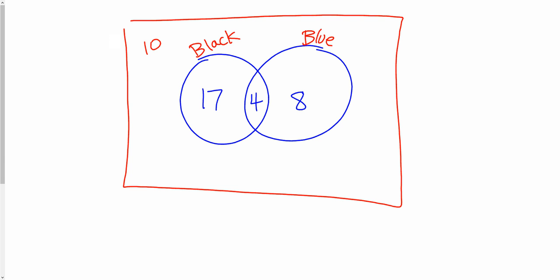Yes. The black circle represents people wearing black. The blue circle represents people wearing blue. Anything outside of that is the people not wearing either, so they're wearing different colors. In the assignment you might see the box, and sometimes they just leave the box out. If you're outside of the two circles, you don't belong to either of those two groups.